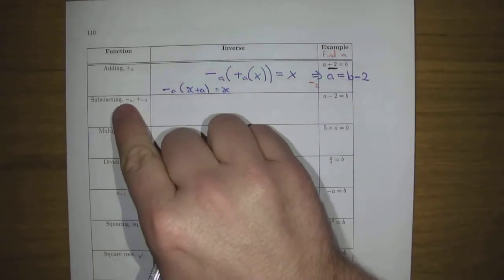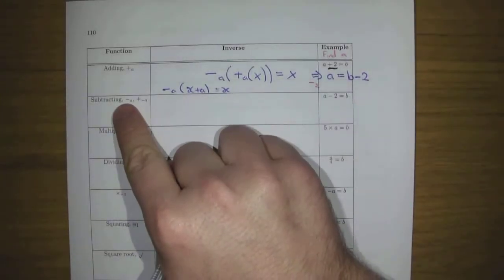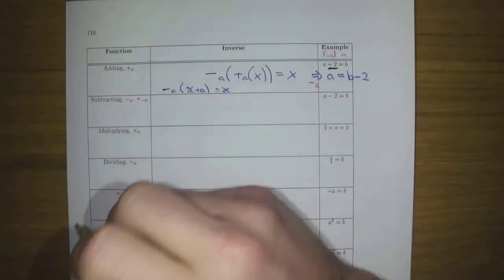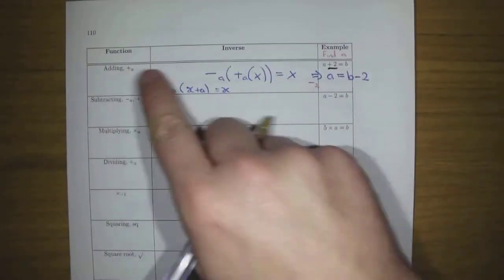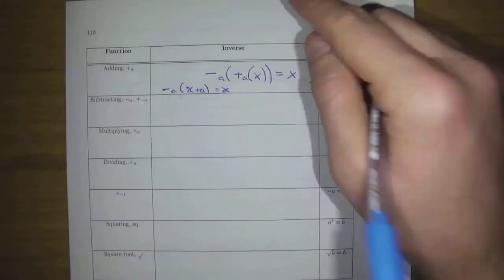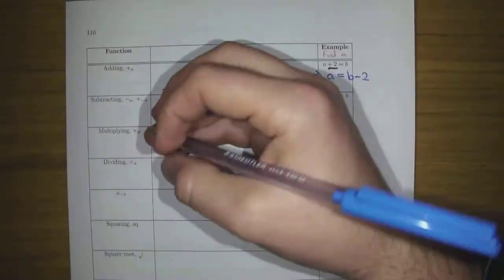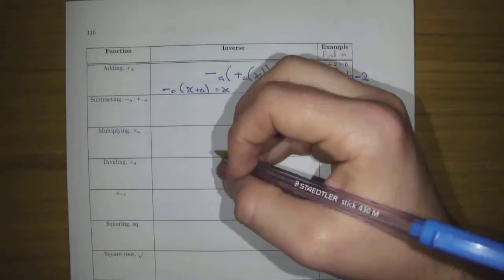Next thing, what is the inverse of subtracting? The inverse of adding is subtracting, so the inverse of subtracting is adding. They come in pairs. So what are we going to write down?